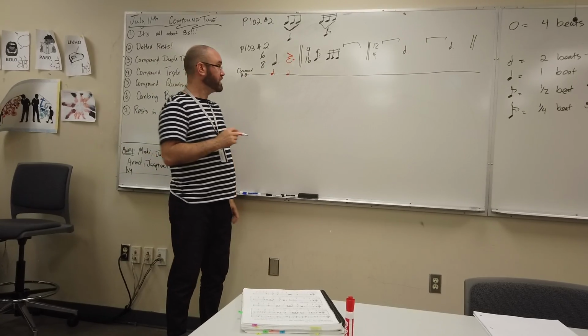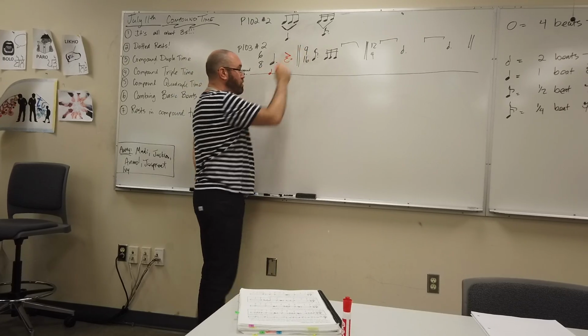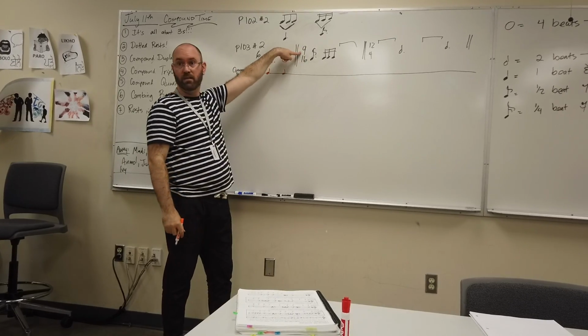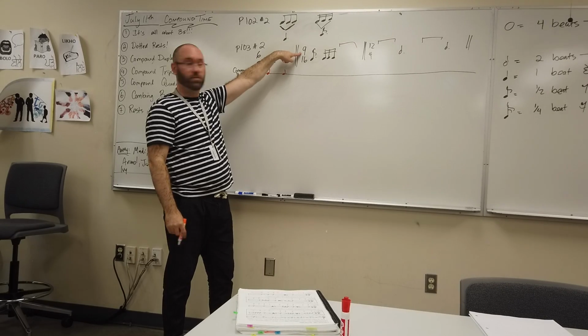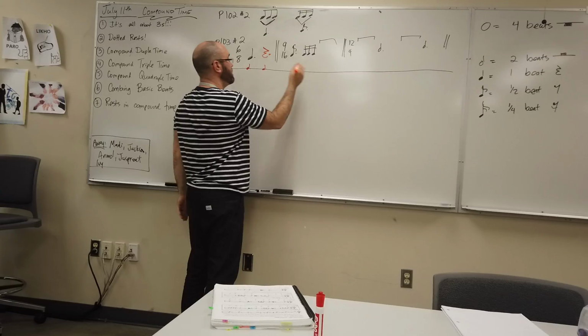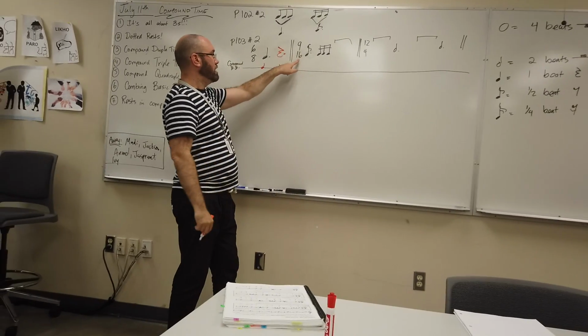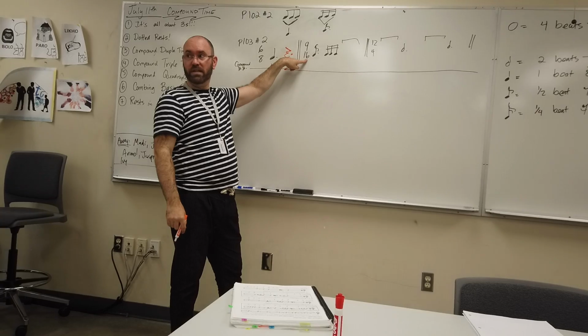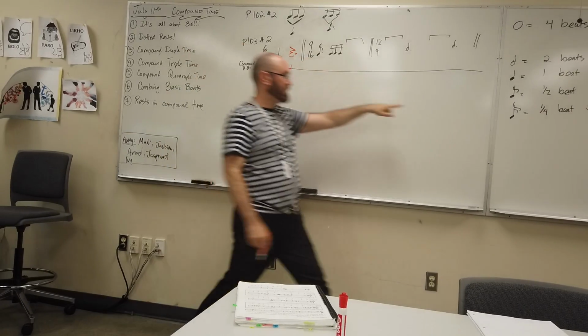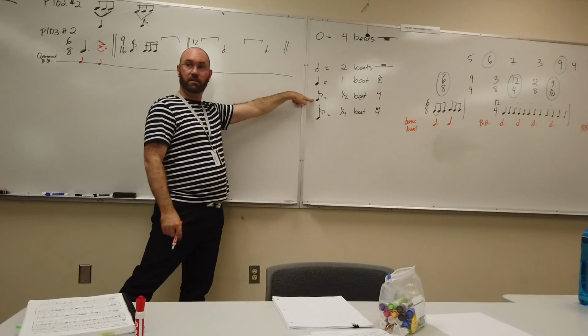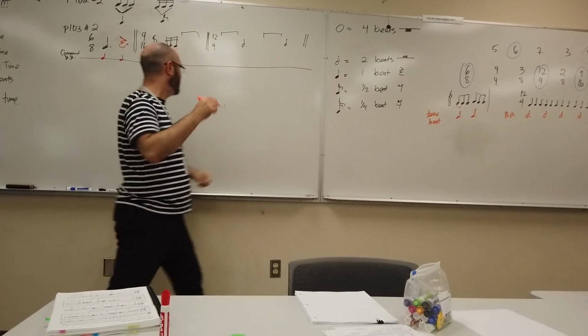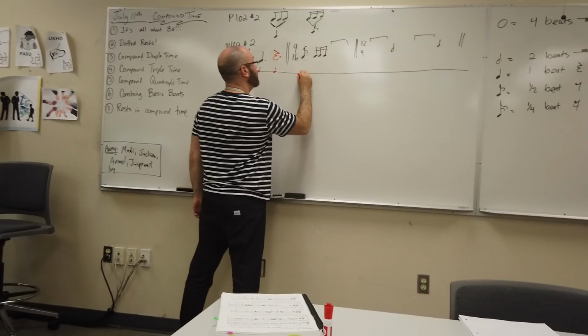Okay? So, 9/16 time. How many basic beats are we going to have? 3. So there's going to be 3 of something. 16th notes. 3 sixteenth notes makes what? 3 of these makes an eighth note, right, a dotted eighth note.